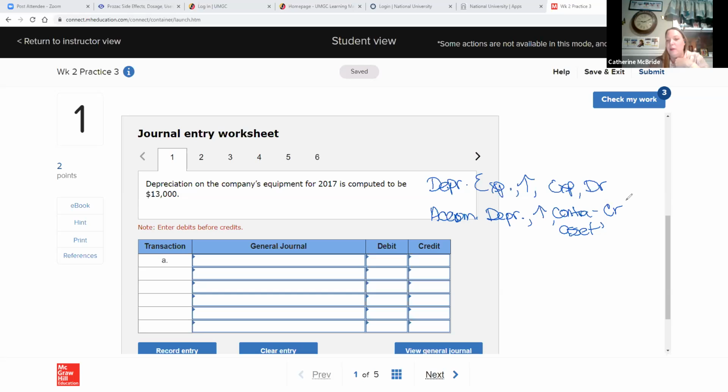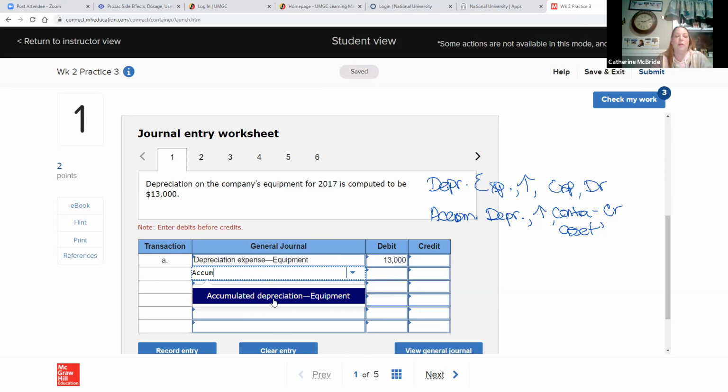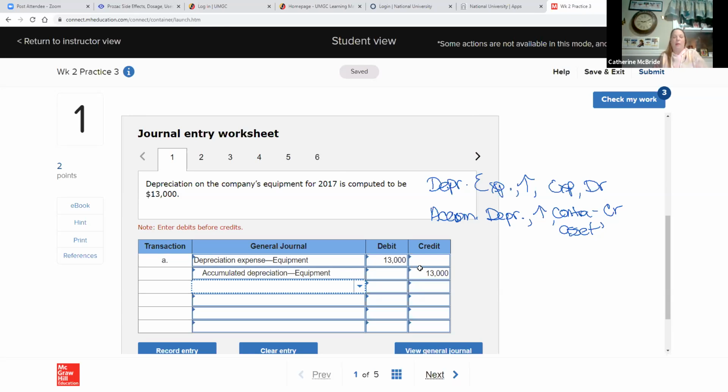I'm going to credit it to increase it. So my journal entry is going to be depreciation expense equipment for $13,000 and accumulated depreciation for equipment, $13,000. And when I'm done with that, on my income statement, I've recorded an additional $13,000, and on my balance sheet, I have reduced the book value of the equipment by $13,000.